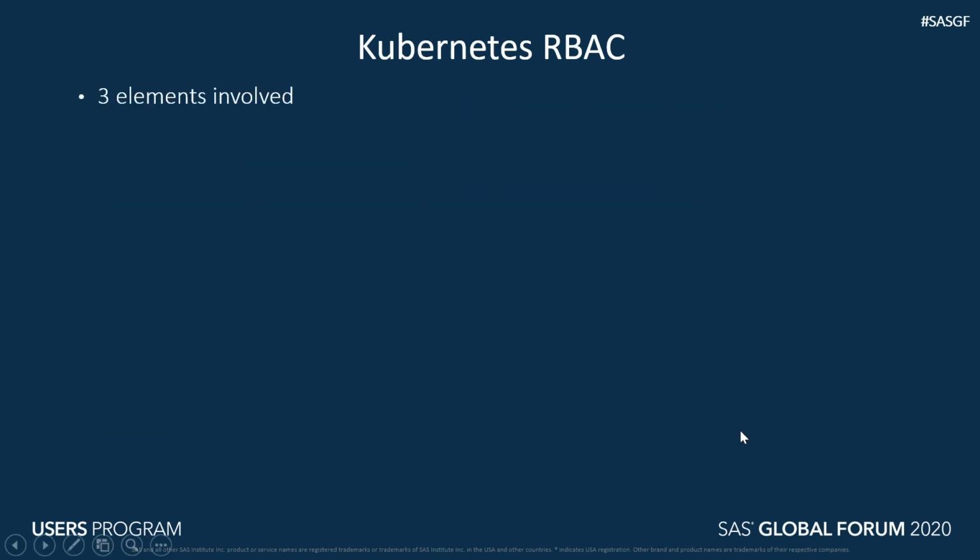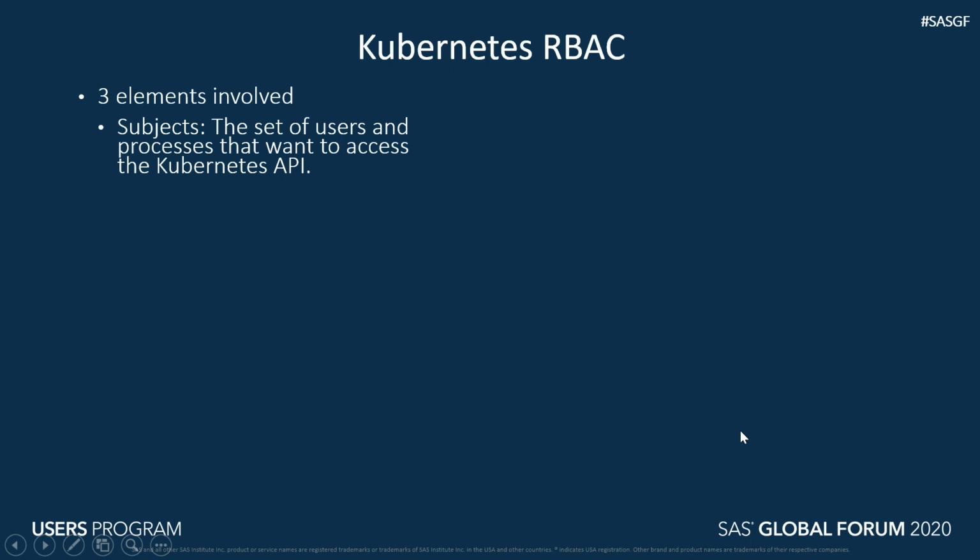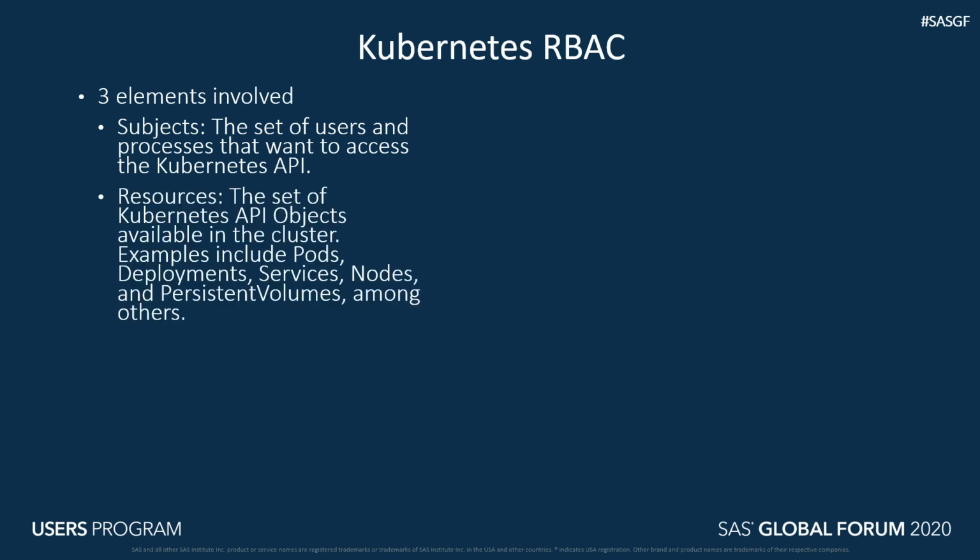There are three elements involved when we talk about RBAC. The subjects, which are the set of users and processes that want to access the Kubernetes API. Again, there are both the human users as well as the processes. Then there are resources, the set of Kubernetes API objects that are available in the cluster. These are all the things we've been talking about throughout the course: pods, deployments, services, nodes, persistent volumes, those kinds of things.